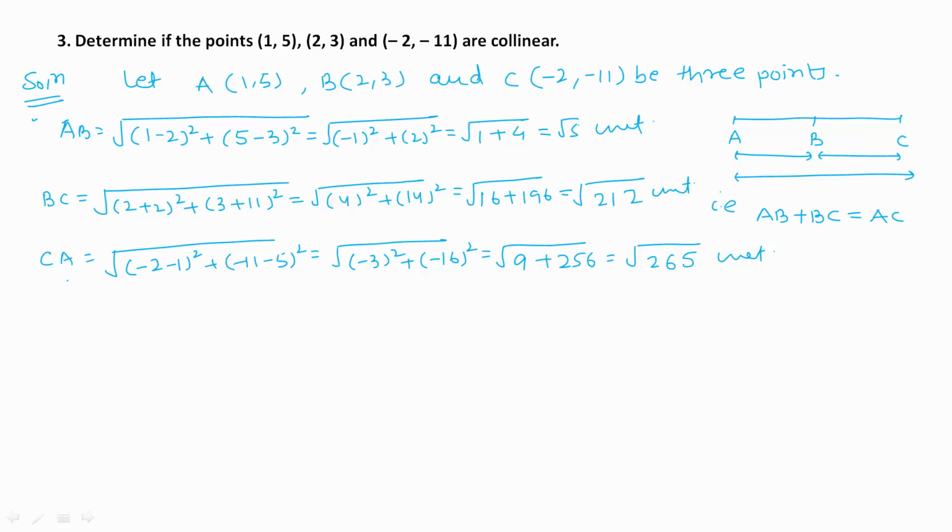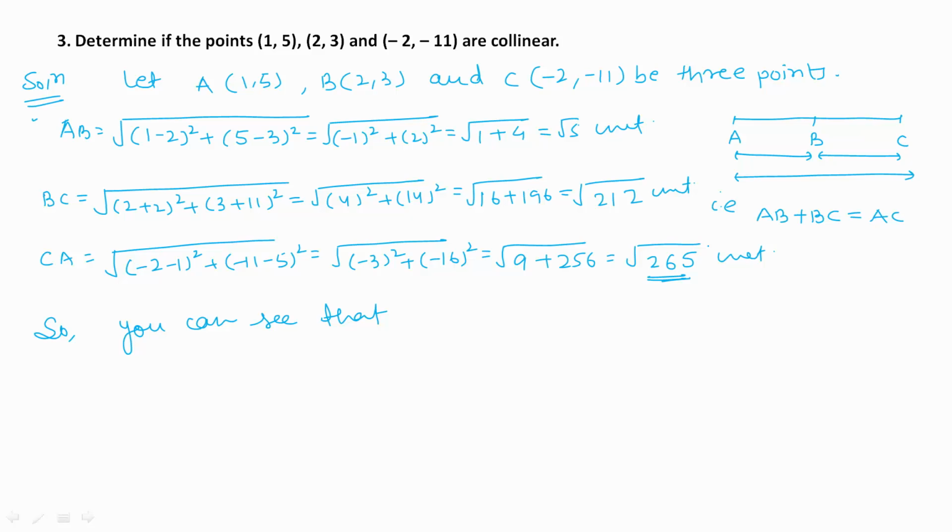So you can see that this is the larger distance. According to the condition of collinearity, the sum of all smaller distances is equal to the larger distance.